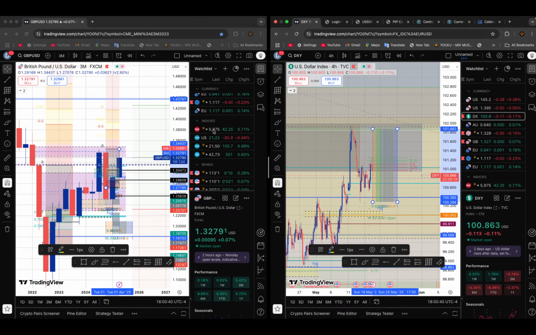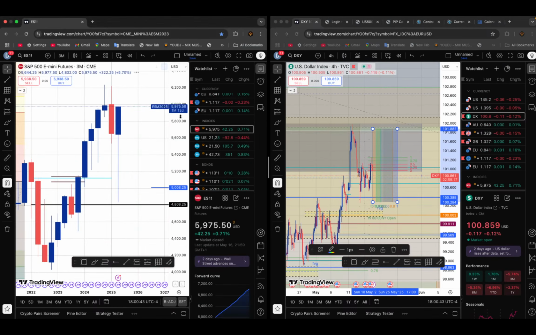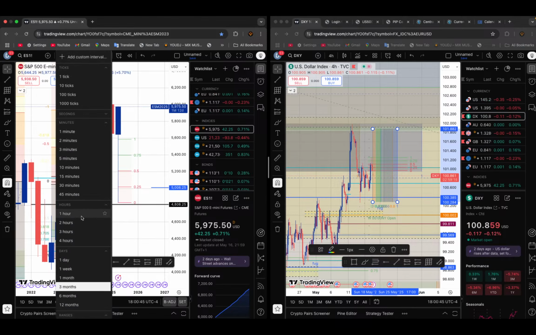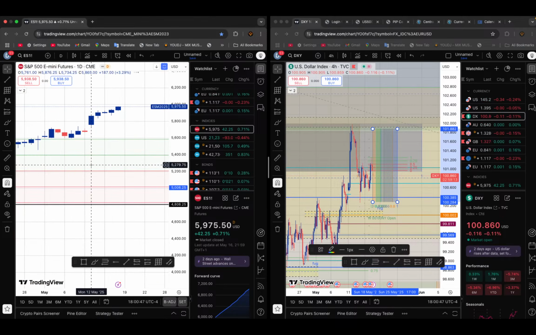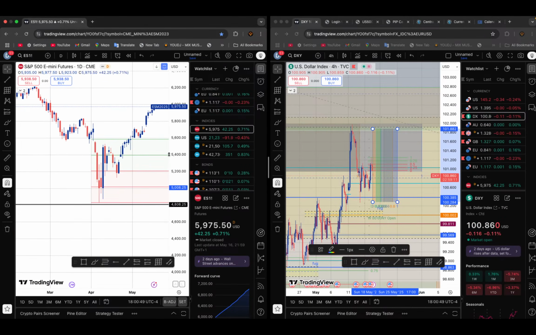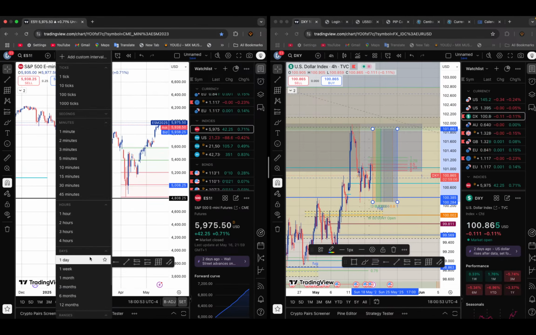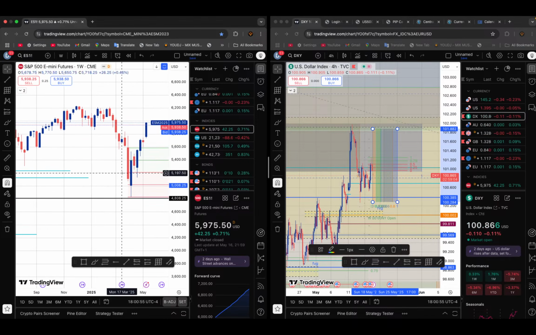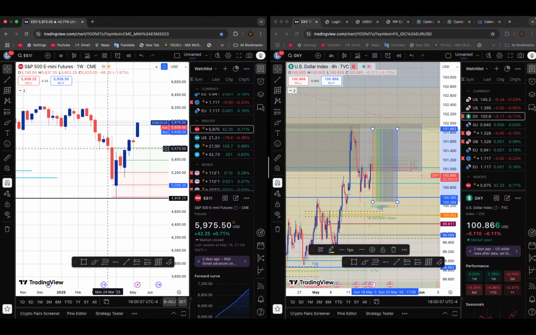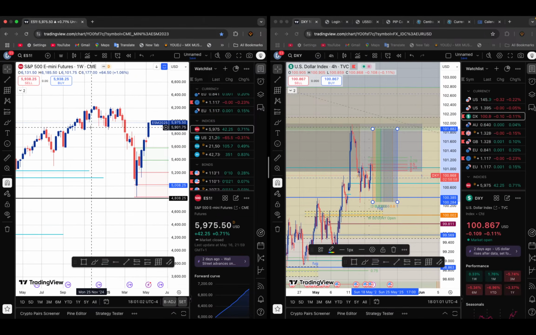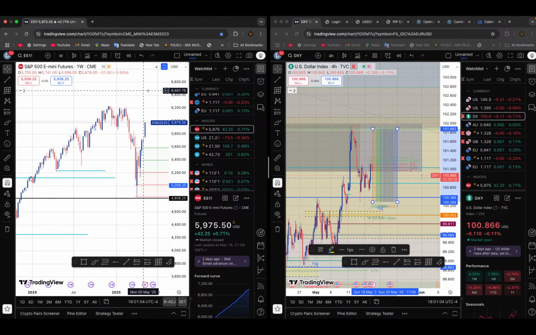Let's just look at a bit of ES on the daily. On the daily, we've been saying for a while that once it had to look for it to go up into there, it has done so.